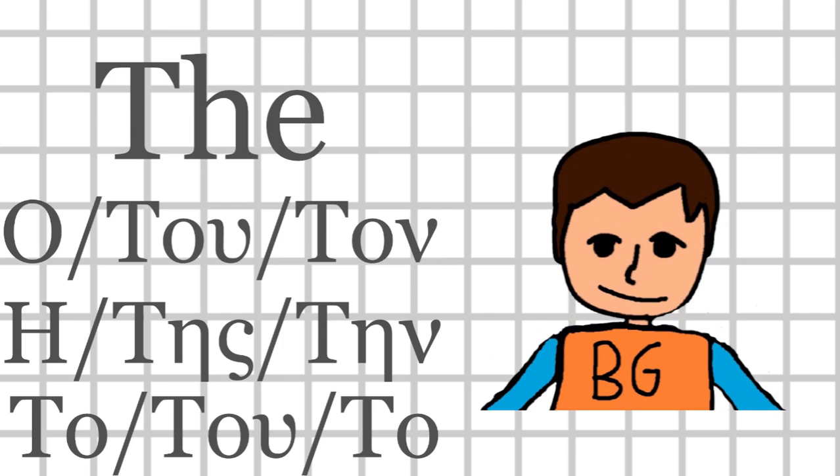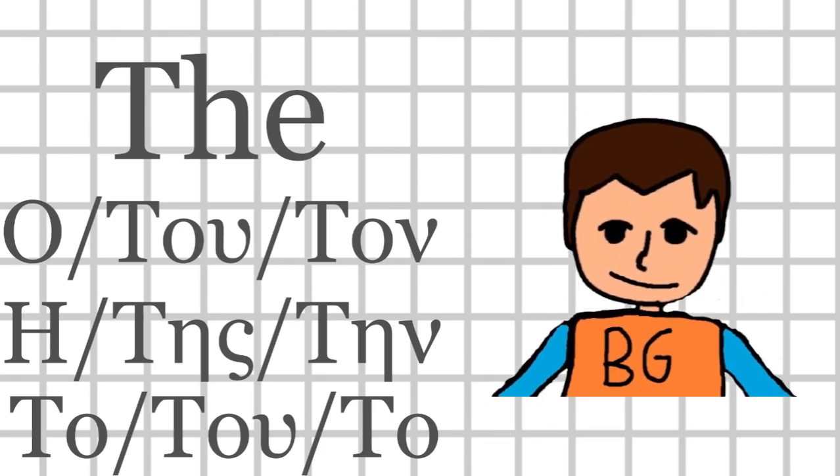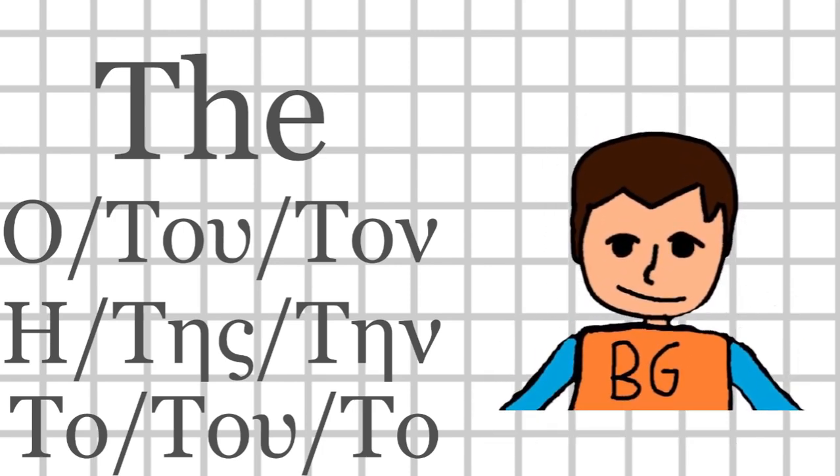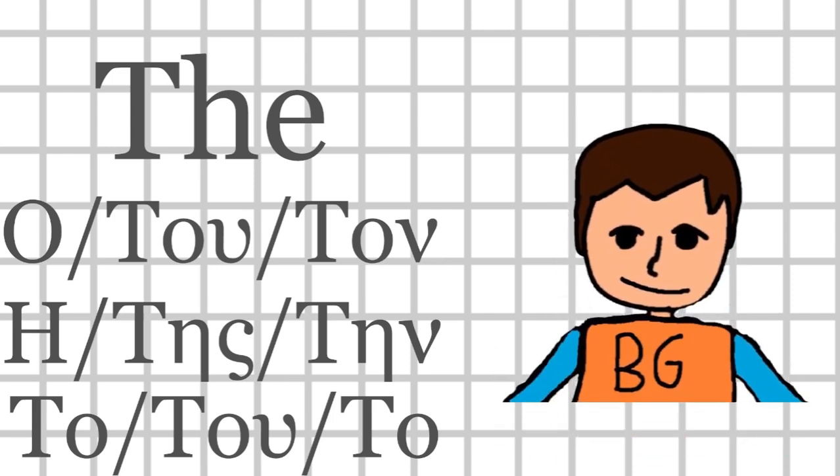So, say the cat is chasing the dog. Okay, that was a bit backwards, but let's roll with it for now. Okay, so the cat is chasing the dog. Now, this in Greek would be η γάτα κυνηγάει τον σκύλο.